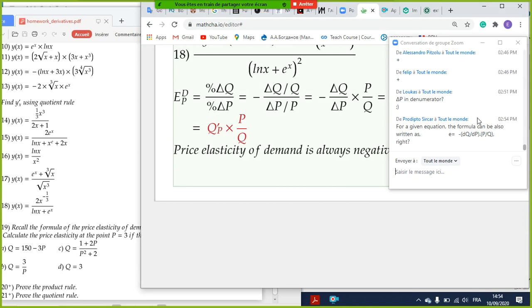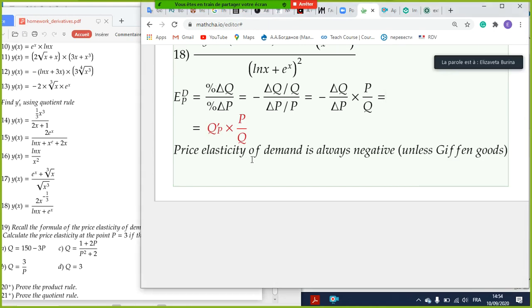For a given equation, the formula can be also, yes, but what does this dq over dp mean? It's just a different way to write the total derivative, right? So yeah, let's do it. Let's add this.